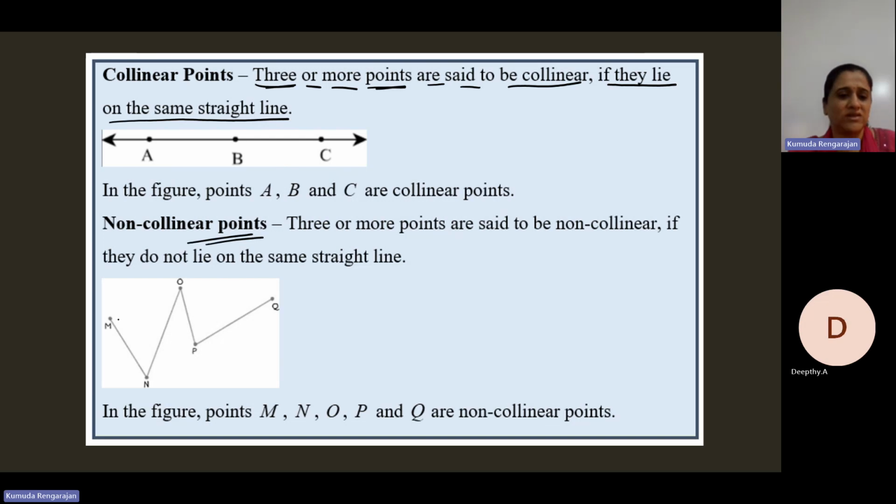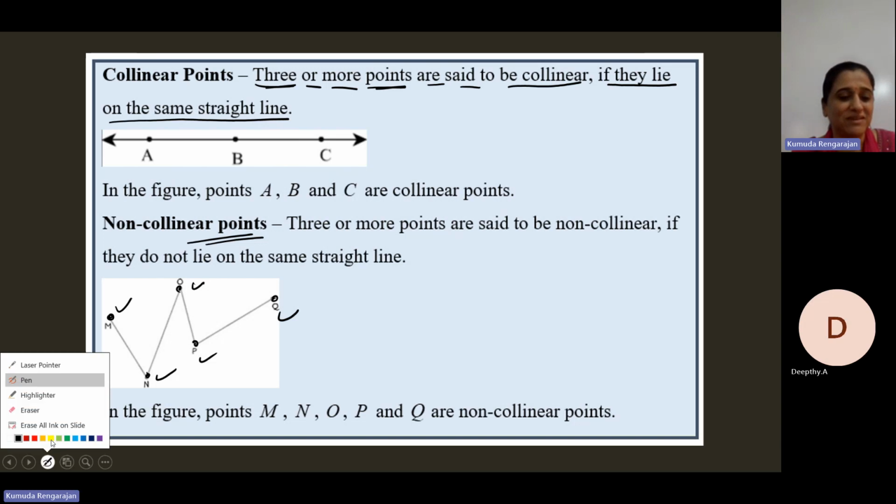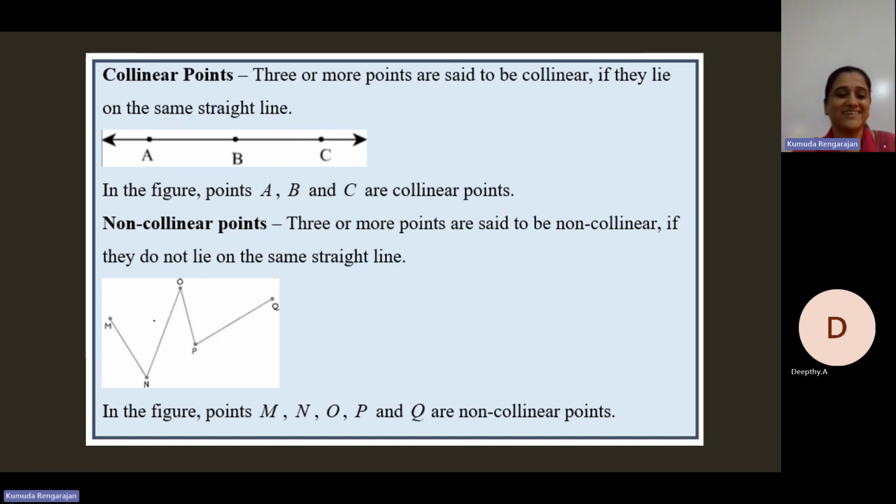Non-collinear points. The points M, N, O, P, and Q are not collinear. How many points? 1, 2, 3, 4, 5. These five friends are not able to get along at all, so they all sit in different places like this. Not collinear.